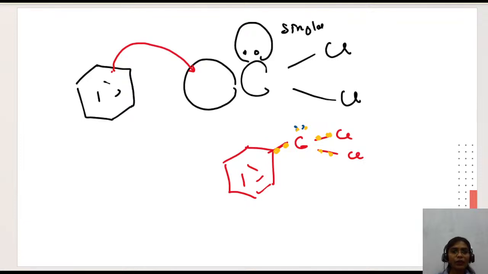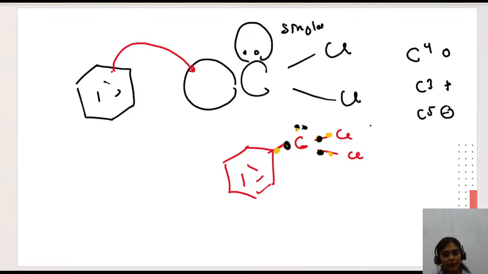And if we count the number of electrons for carbon only: 1, 2, 3, 4, and 5 electrons. You know carbon with 4 electrons is neutral, carbon with 3 electrons has a positive charge, carbon with 5 electrons has a negative charge. So that's why now carbon has a negative charge.